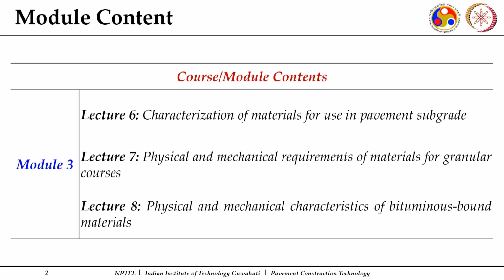In the previous lecture, we discussed the characteristics of the materials which can be used in the construction of pavement subgrade, in terms of the Atterberg limits, liquid limit, plastic limit, plasticity index. We discussed the determination of moisture content and the dry density relationship for different types of soils.